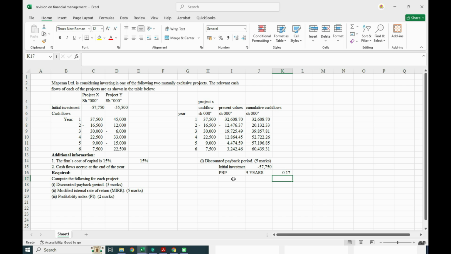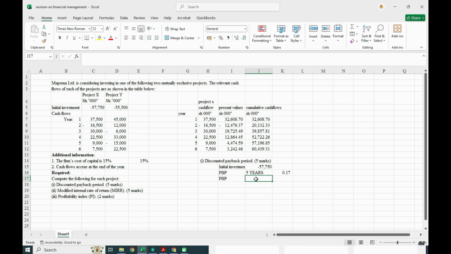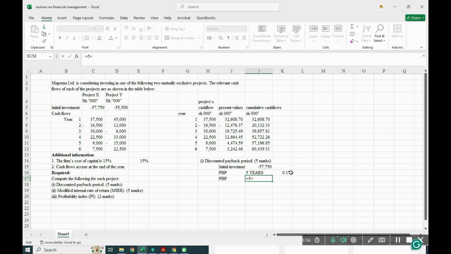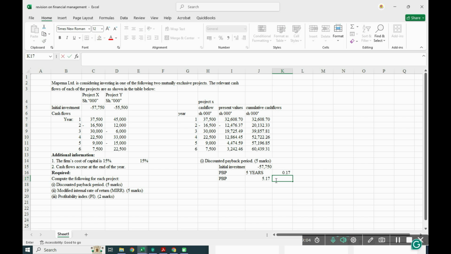So my payback period now, PBP, will be 5 plus this, equals 5.17 years. So that will be our payback period. So that's the discounted payback period.